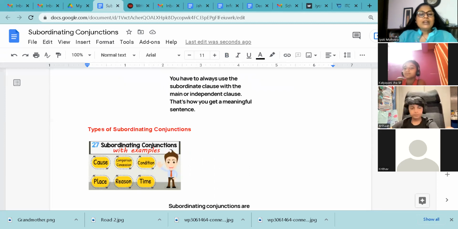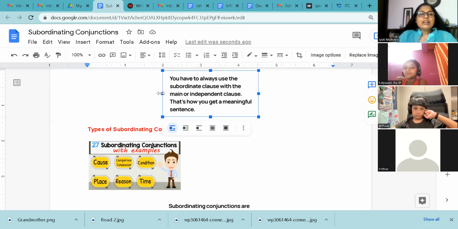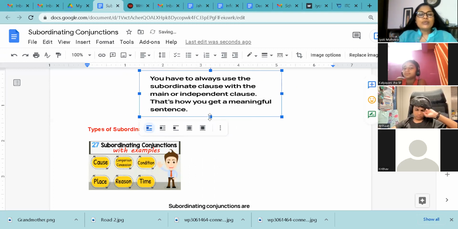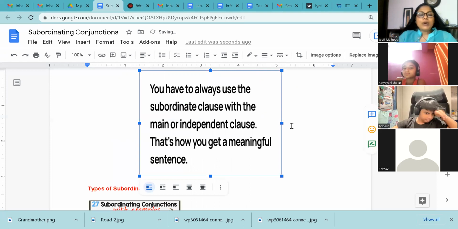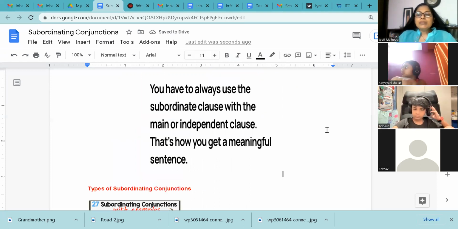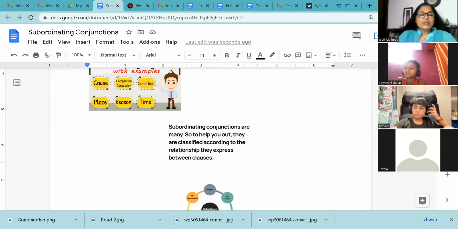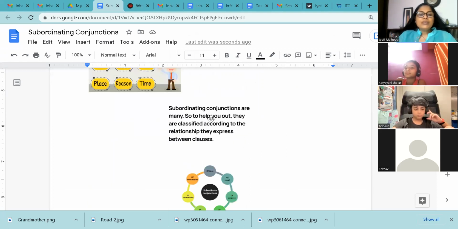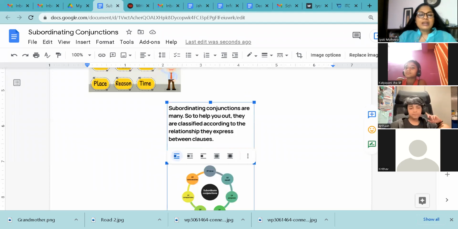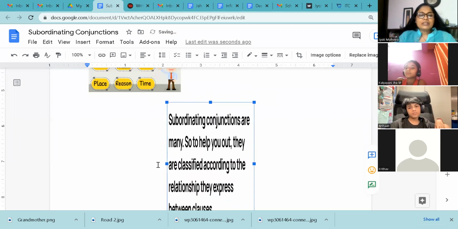Yes. Now, children, the point is that there are various reasons because of which we use subordinating conjunctions, and various reasons because of which we classify them into different types.